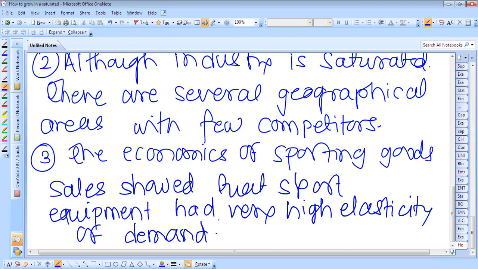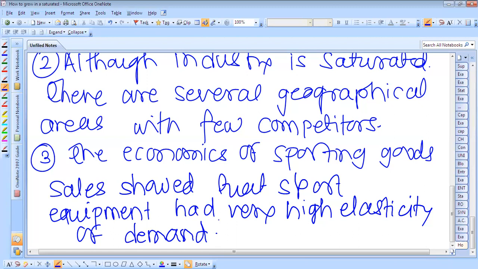As we have in the demand-supply graph, as prices increase, demand may decrease, but that is not the case with sporting goods. So after the market research, he came up with these three points.